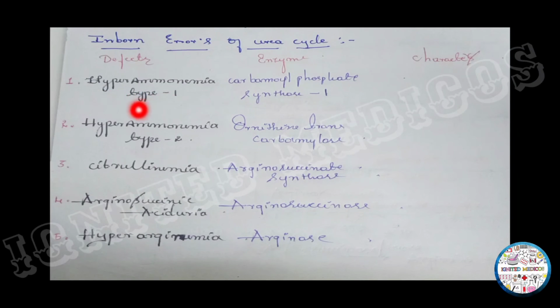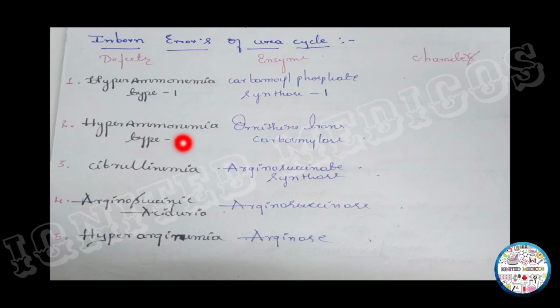There is a deficiency of carbamyl phosphate synthase 1, meaning the first step will not occur. There is an increase in the ammonia content in the blood, and it can lead to mental retardation. That is the characteristic of hyperammonemia type 1.